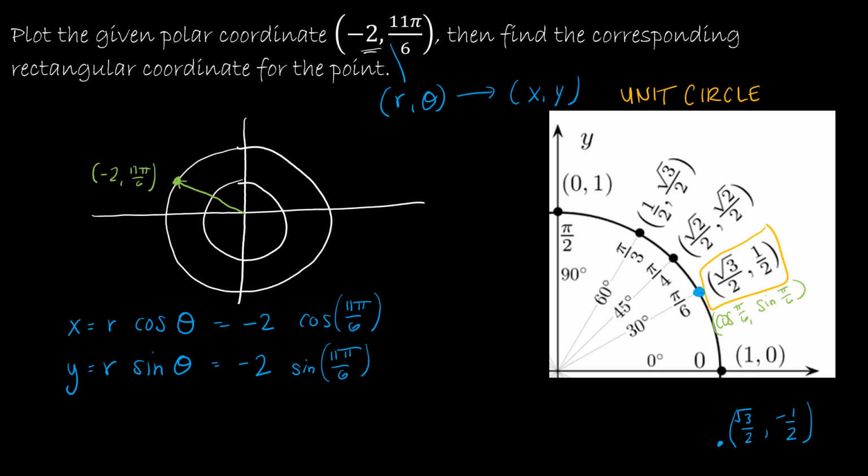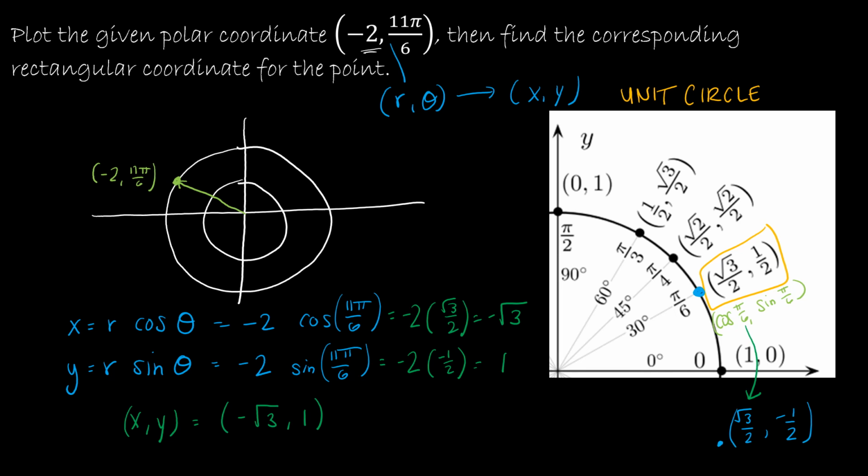So that's how it helps me, because now I have -2 times the cosine of 11 pi over 6, which is radical 3 over 2. That gives me negative radical 3. And the sine of 11 pi over 6 is -1/2, which gives me positive 1. So my new rectangular coordinate is negative radical 3, comma 1.